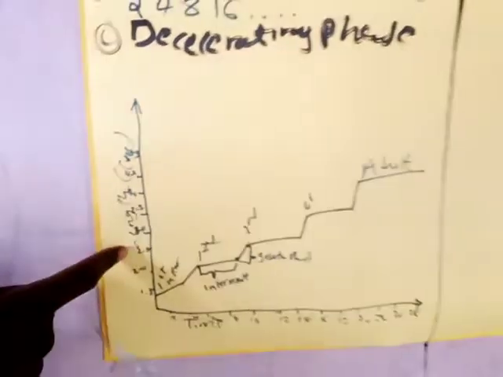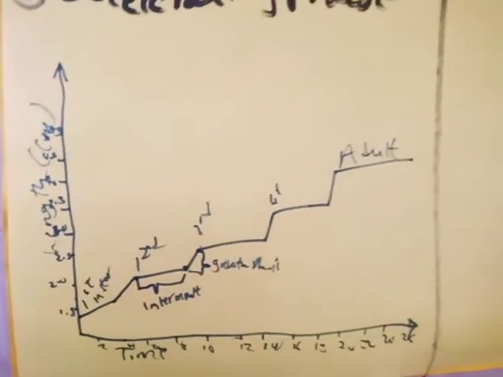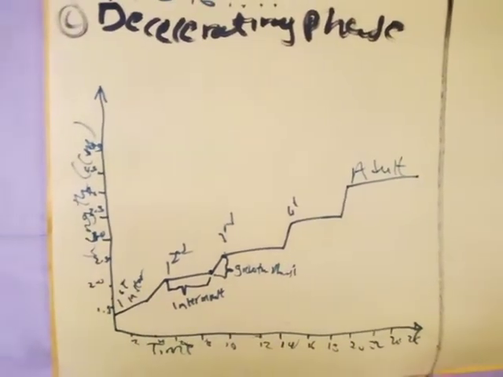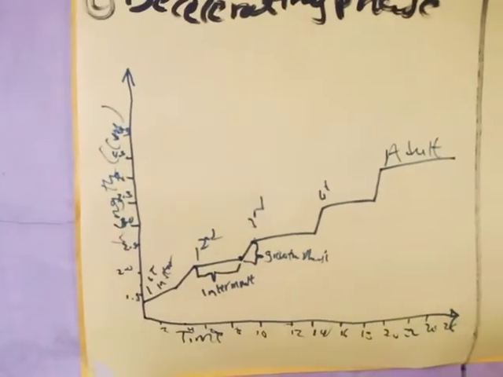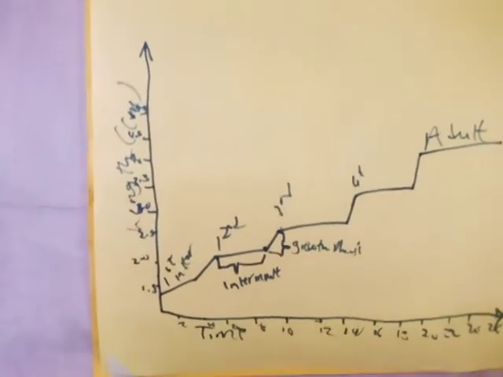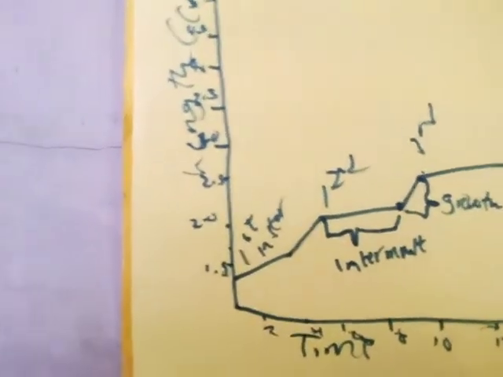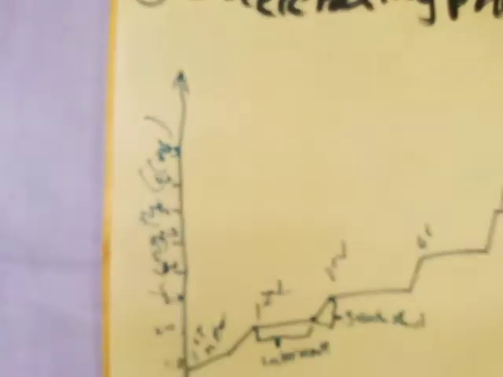If the parameter in question, let's say it is volume, if volume changes are plotted against time, a different curve will always be obtained. We will not get the same curve as the one that we found for the case of the sigmoid curve.